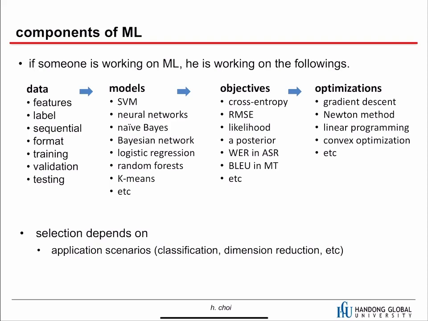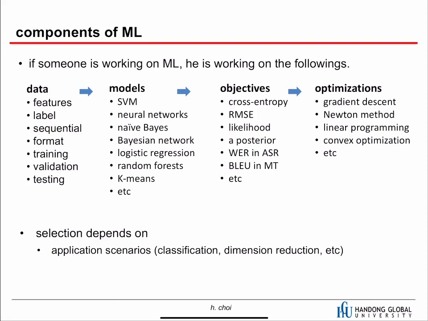Once the data is done, we have to think about the models. There are many different machine learning models like SVM, neural network, naive Bayes, and Bayesian network, etc. So we have lots of machine learning models. Once the model is fixed, the next one is the objective function, and we have to choose one of them. Usually, if it is a classification problem, cross entropy is the most popular objective function.